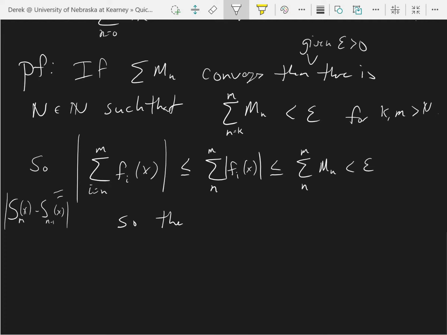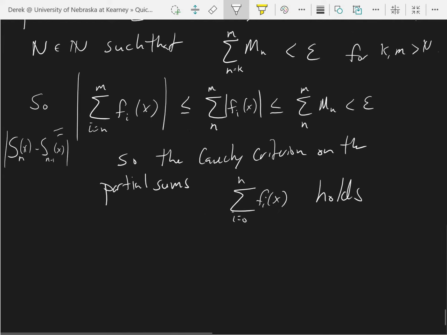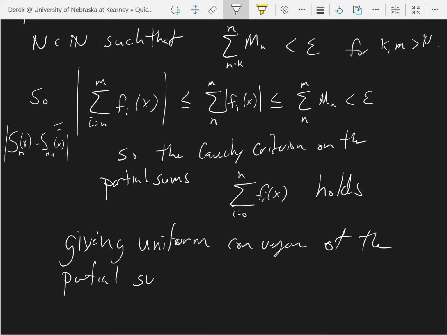So the Cauchy criterion on the partial sums, the sum from i equals 0 to n of f sub i at x, holds, giving uniform convergence of the partial sums, which is what we wanted to show. Okay, so that's the Weierstrass M-test, and it's pretty useful when we're dealing with series.